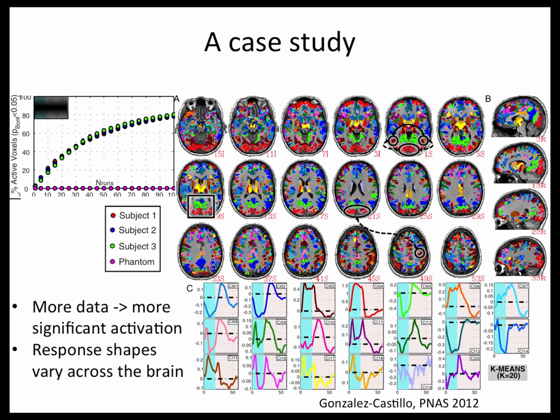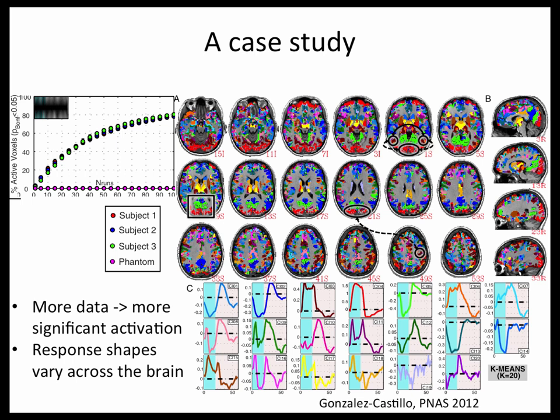So the last thing I want to end on is a case study. And this is a fun study where a lot of times we see an fMRI study, you're doing a task for 5 minutes or 10 minutes or 20 minutes, and we see an area of activation. And it's been known for a while that if you collect a bit more data, your area of activation might get bigger.